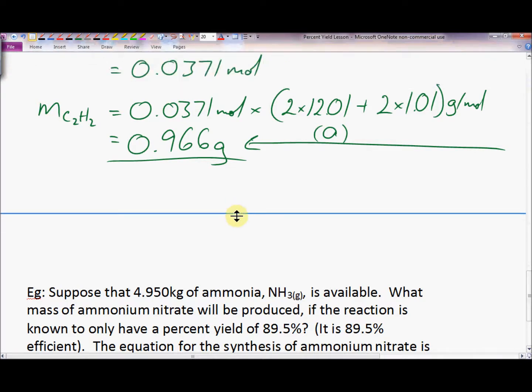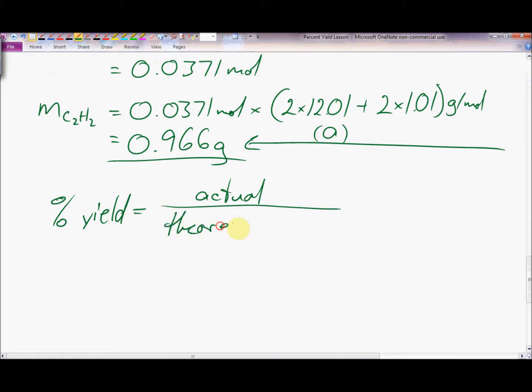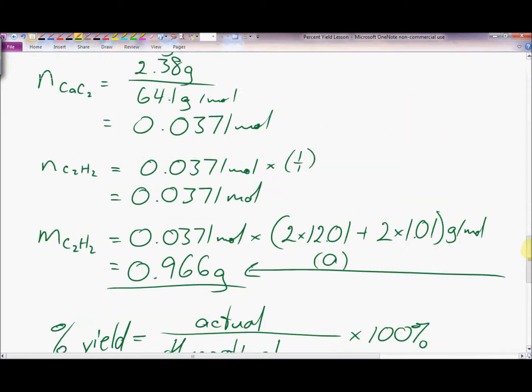Okay, so percent yield is equal to the actual amount of material from your lab divided by the theoretical amount of material that you calculated using stoichiometry, and you multiply that by 100%. So the actual amount we're told is 0.77 grams.